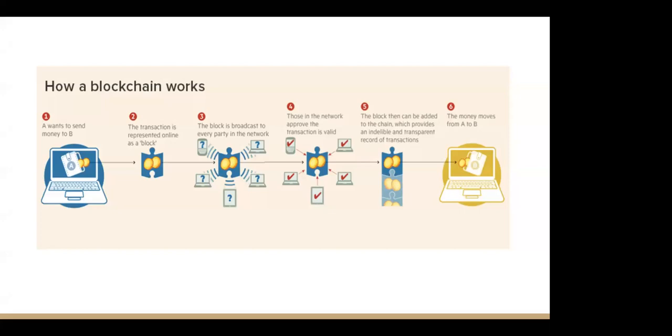Once the transaction is identified by all the nodes, after you send it to a single node and it is broadcast to all other nodes, that transaction is cryptographically verified by these nodes, and checked against the latest state of the blockchain.